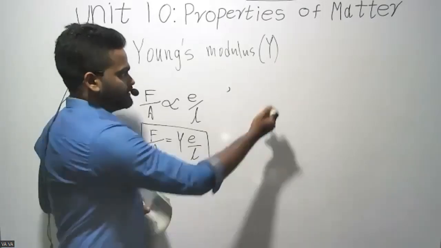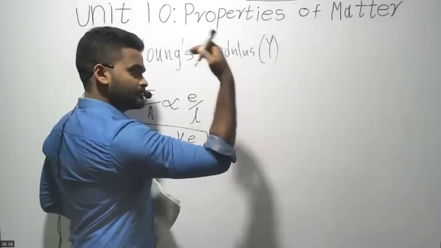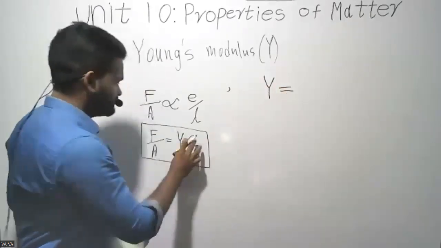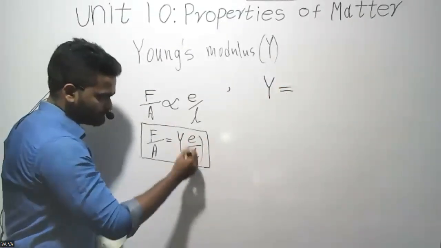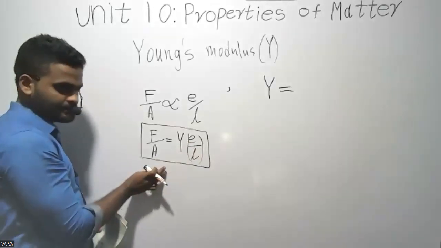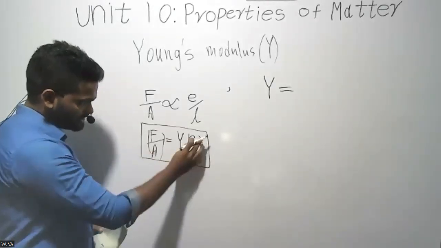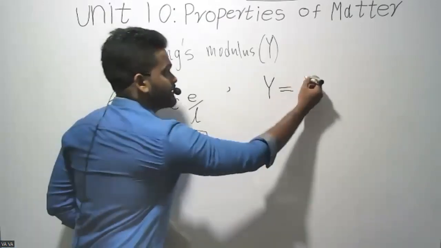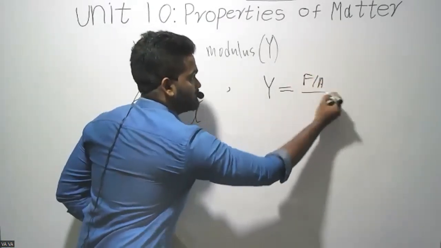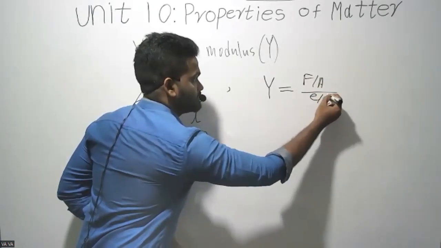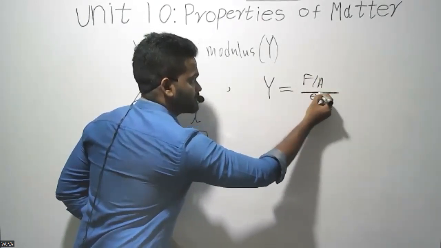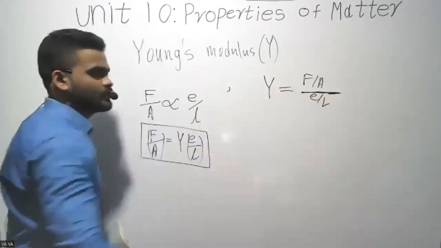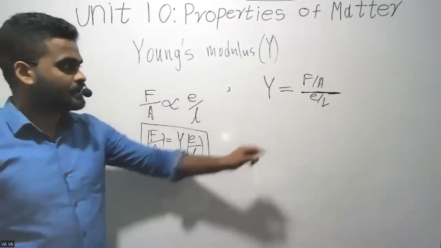Under those sentences, Y equals, I can take this whole thing to this side. You can cross multiply, then you can write F over A divided by E over L. When we are doing questions, you will see, this is one of the forms that we are going to use.